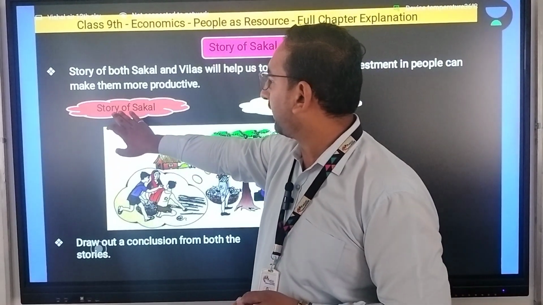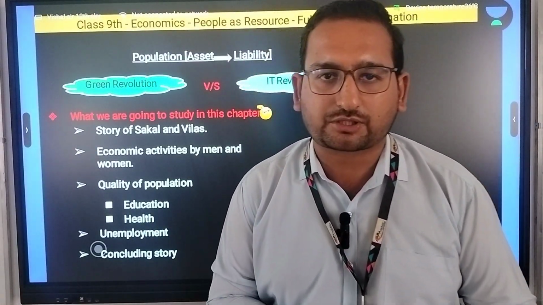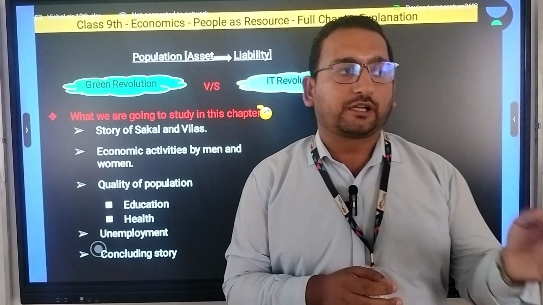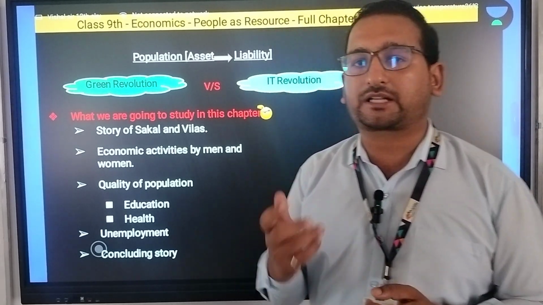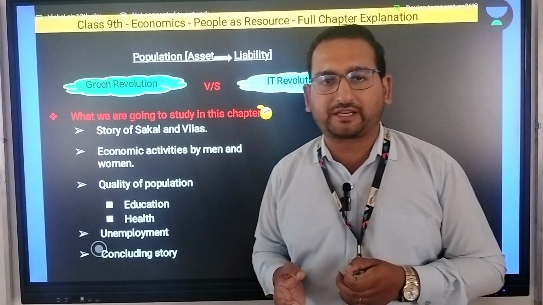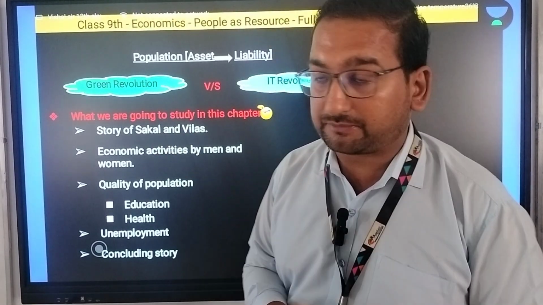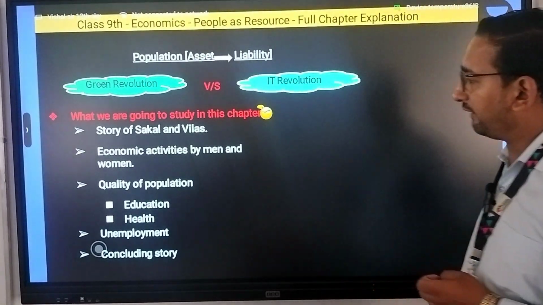One of them, Sakal, lived in a village, completed his graduation, and after that completed his IT course and got a job in a company as a software engineer, and he became developed.